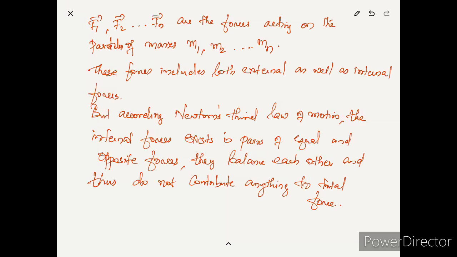So we represent the expression like this: dP by dt is equal to F1 plus F2 plus F3 plus and so on up to Fn. This is what we expressed earlier. The right hand side represents the total force in the system. Our initial assumption was that this total force includes internal forces as well as external forces. But since the internal forces exist in pairs of equal and opposite forces, they balance each other and do not contribute anything to the total force.